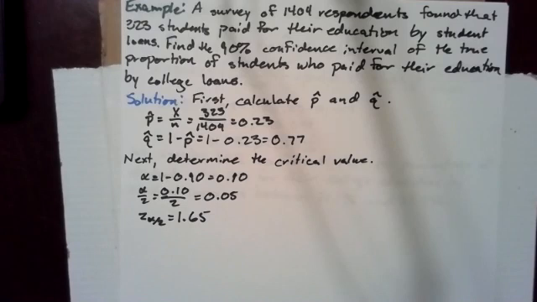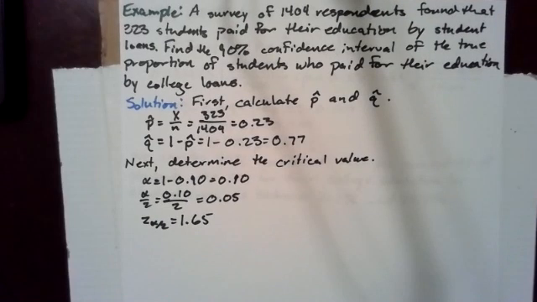Q hat is 1 minus p hat, so that's 0.77. Next, we determine the critical values. Alpha is 1 minus 0.90 or 0.10. So alpha over 2 is 0.10 over 2 or 0.05. So z sub alpha over 2 is 1.65. Remember that in the first section of this chapter, we saw critical values for 90%, 95%, and 98%.